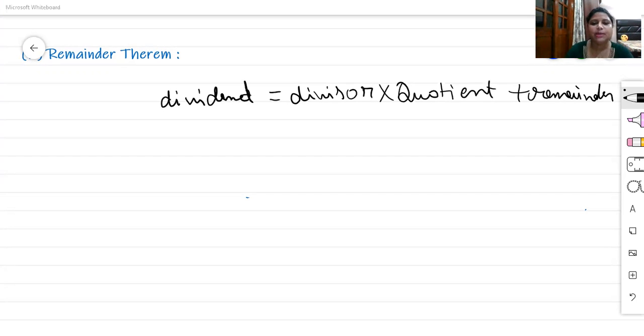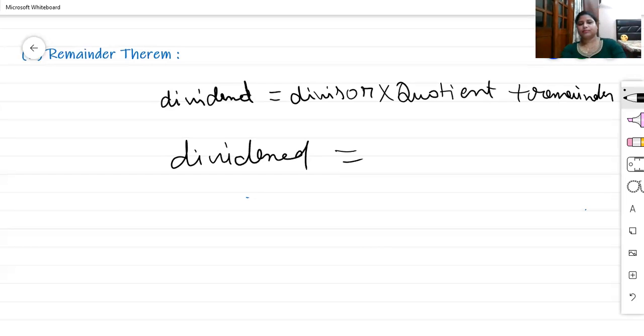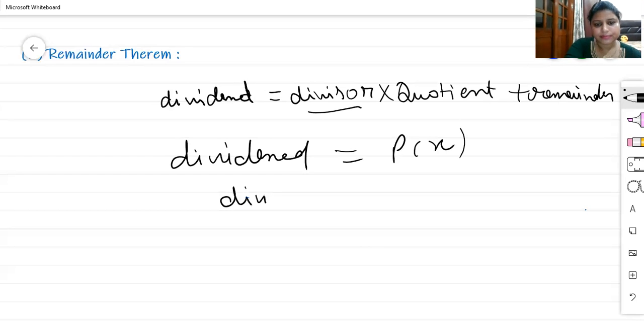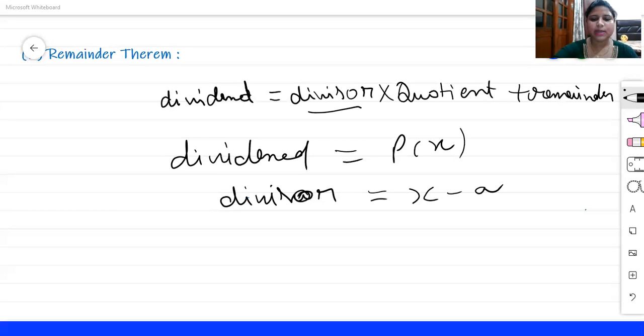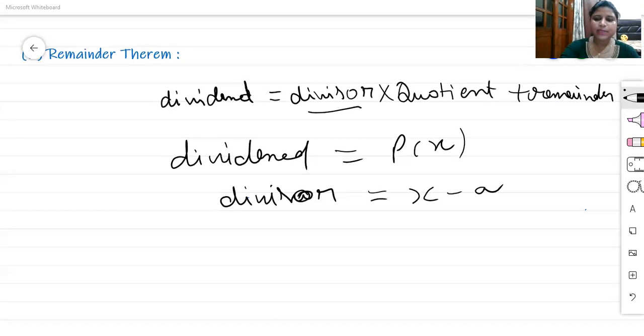So when we divide p(x) by x minus a, p(x) works as the dividend and x minus a works as the divisor. Here q(x) is the quotient and r(x) is the remainder.